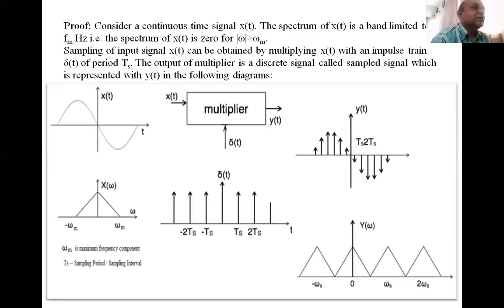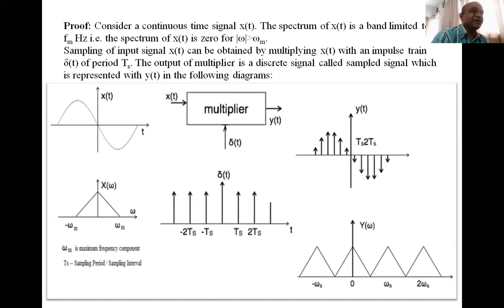You can see some waveforms shown in the slides. Here I have given you a proof. Consider a continuous time signal x of t. In the left side corner, you can see the x of t signal, a sinusoidal wave varying with respect to time. The spectrum of x of t is band limited to fm in hertz.